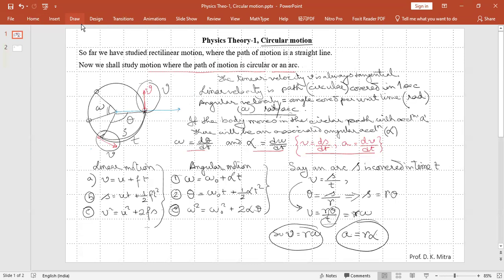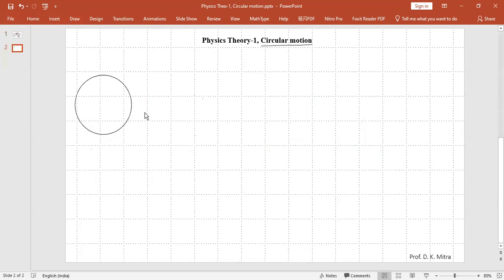But you know, velocity is a vector, so its property is defined by the direction and magnitude together. Now, if the direction changes, that means there is some change in the velocity. So we write here, in circular motion, the magnitude of the velocity remains the same.